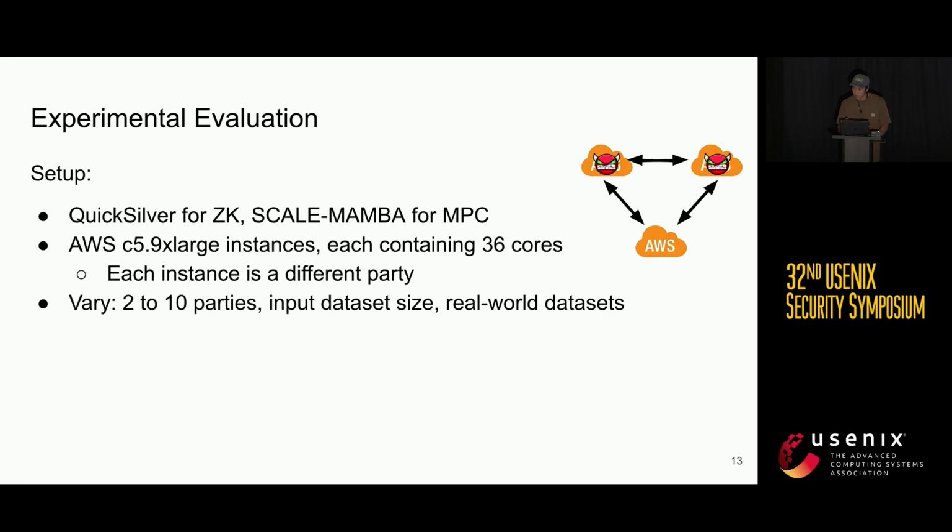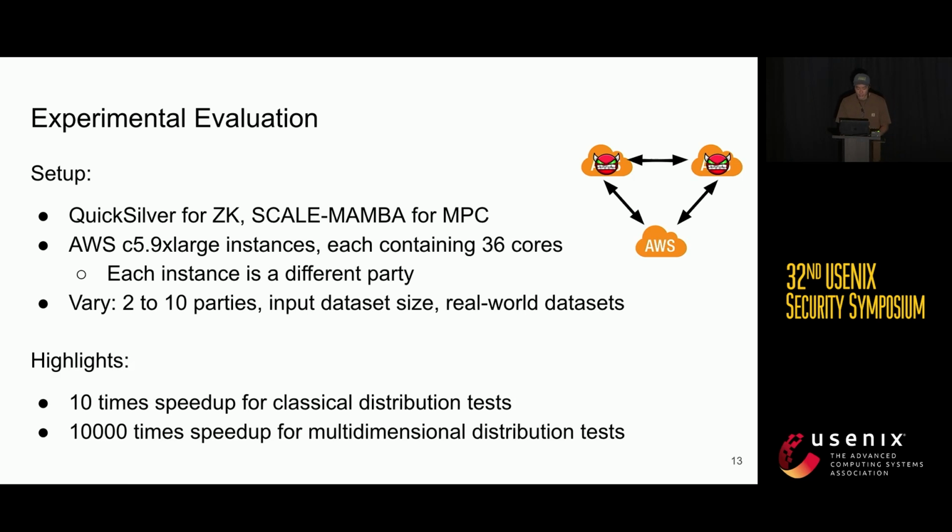So we can have a bank marketing data set testing workflow versus an ad auctioning data set testing workflow. And we see that Holmes, with using this zero knowledge proof approach to offload the local computation, will provide a 10 times speed up, but the sketching approach with the Johnson-Lindenstrauss lemma will produce a 10,000 times speed up for multidimensional tests.